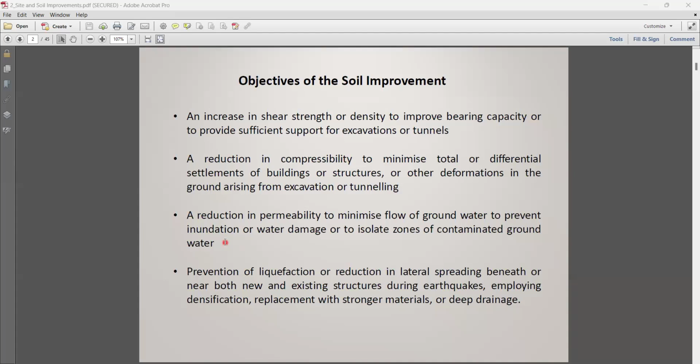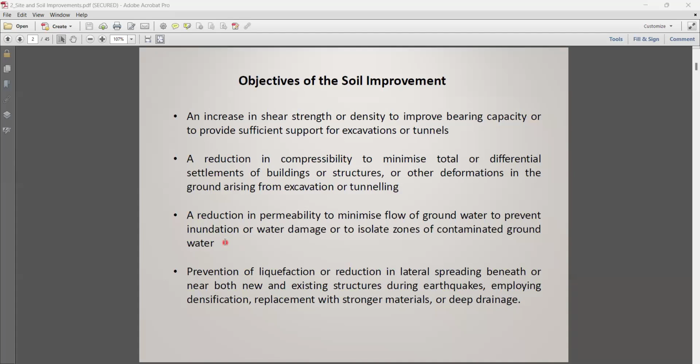You have a high amount of porous spaces, void spaces. The voids can be filled with air or water. In rainy times like this, there can be huge water flows under the ground, which will wash away the soil, and sometimes your house can get damaged. So: reduction of permeability to minimize groundwater flow.